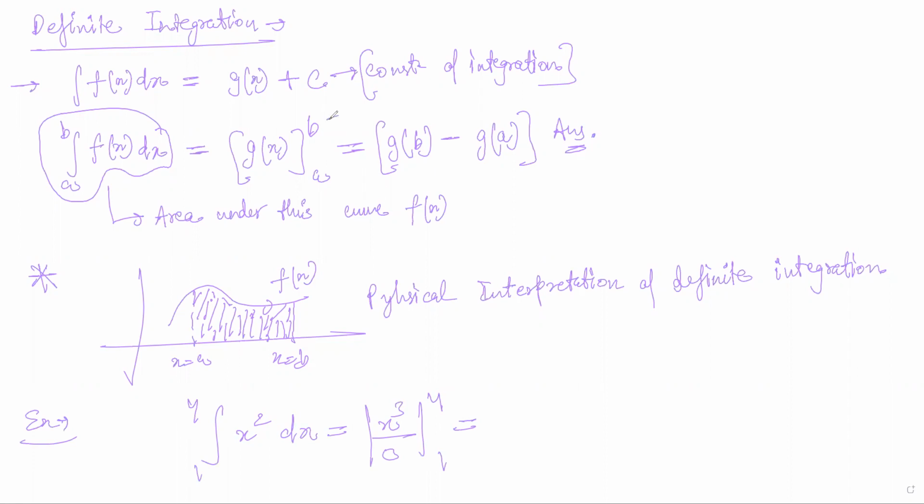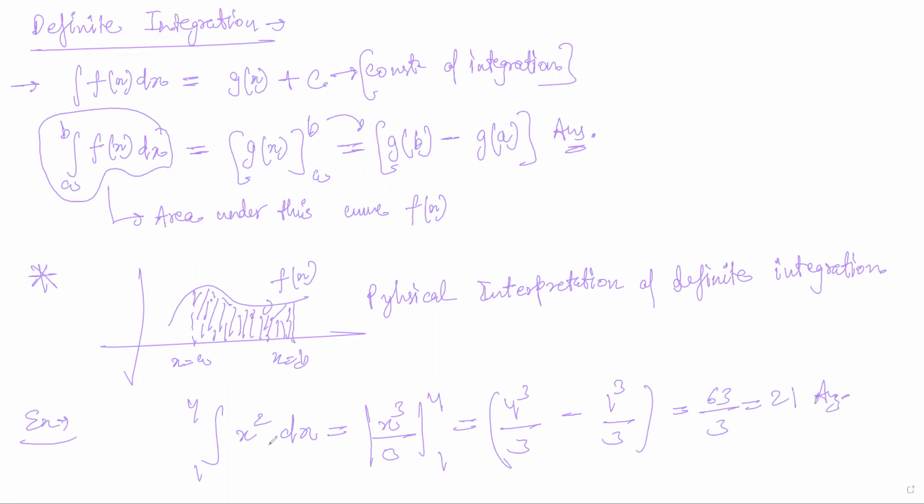We have to put the upper limit first. So it will be 4 cubed by 3 minus lower limit 1 cubed by 3. That would be the answer. In this case, the answer should be 63 by 3. It should be 21.